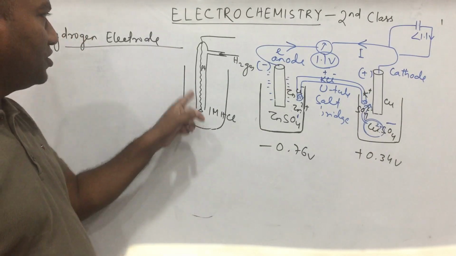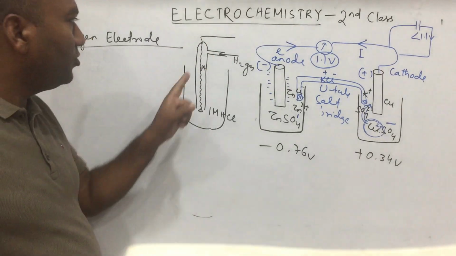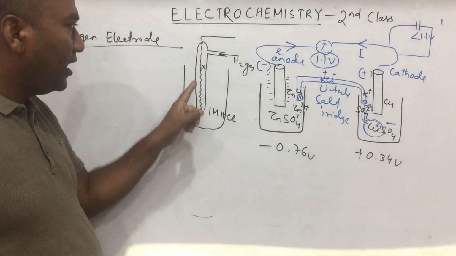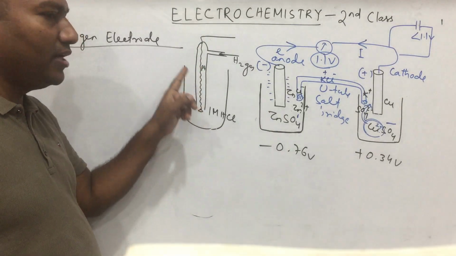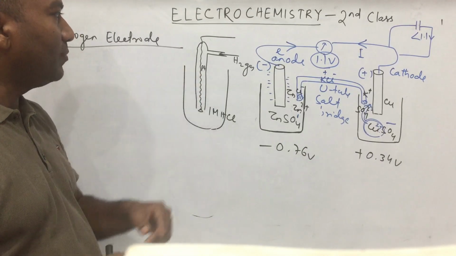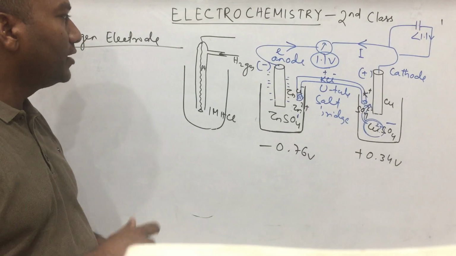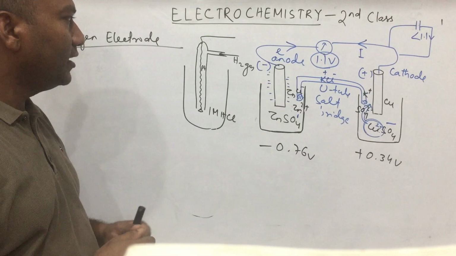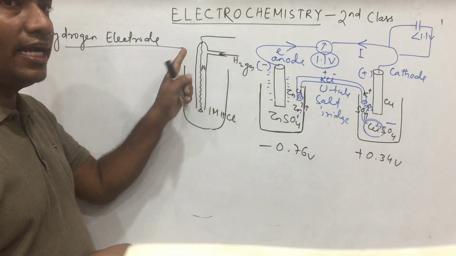Again, this is a glass tube. Inside, a platinum wire is sealed, and over the platinum wire we have taken platinum black. It is coated with platinum black. Platinum black is the powdered form of platinum. Why? Only to absorb more hydrogen gas.